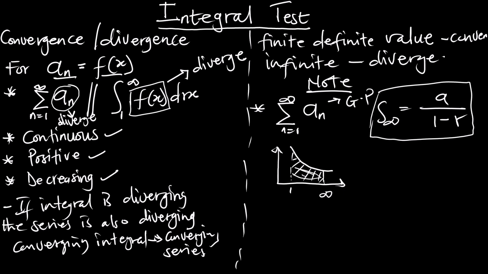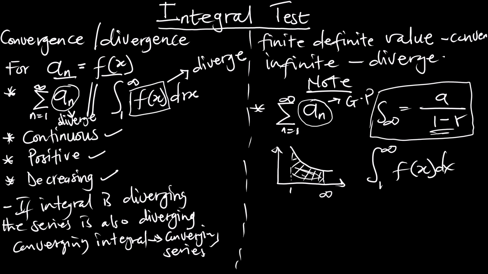But if we have a function a of n that we can sum from 1 to infinity with this formula, if it is a GP, the integral test from 1 to infinity of that same function, represented by f of x, is not definitely going to give us the sum.